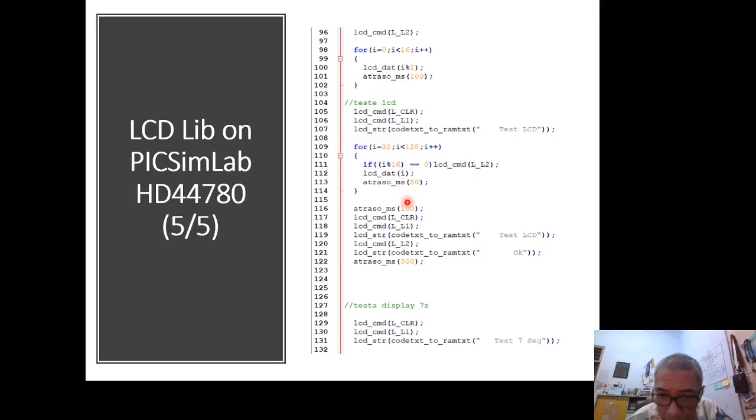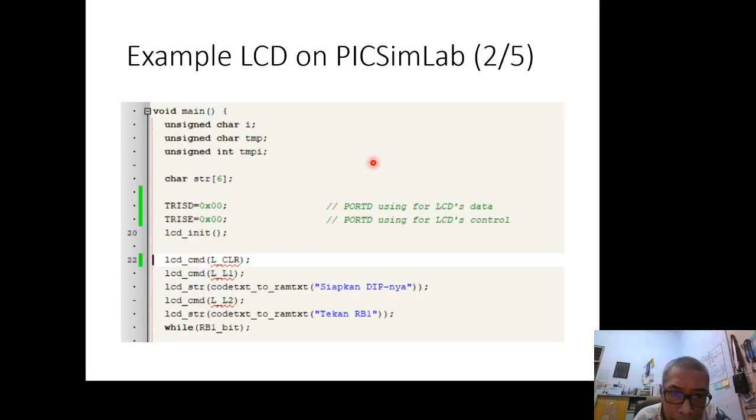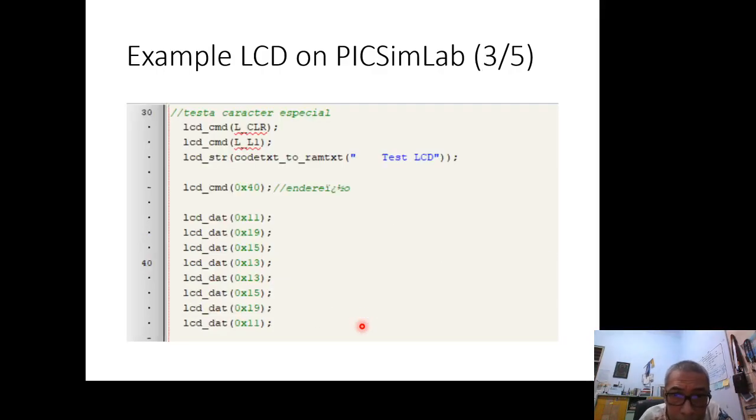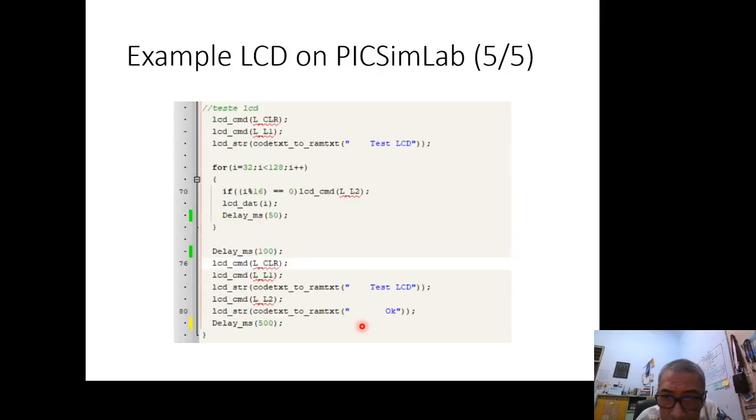Okay, test LCD, and then some of the string. Okay, and so on. So this is the code, text to RAM text. Example: clear. Prepare your tip. Push the RP1. Okay, test LCD. Okay, and then just like this.